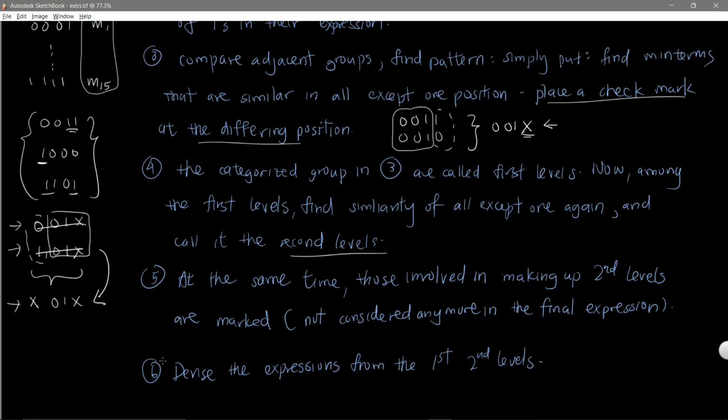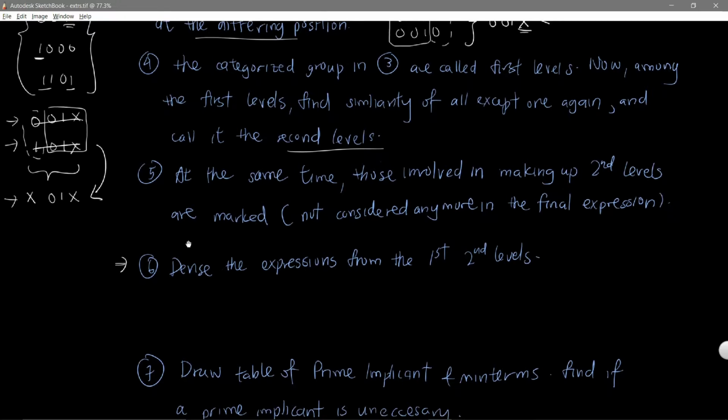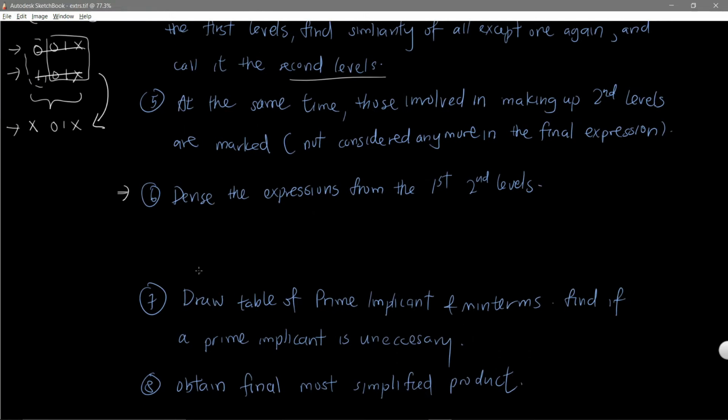At the sixth step, it is not the final expression. It may or may not contain unnecessary prime implicants. Let's say in a Karnaugh map, in a graphical sense, let's say you have something like this.